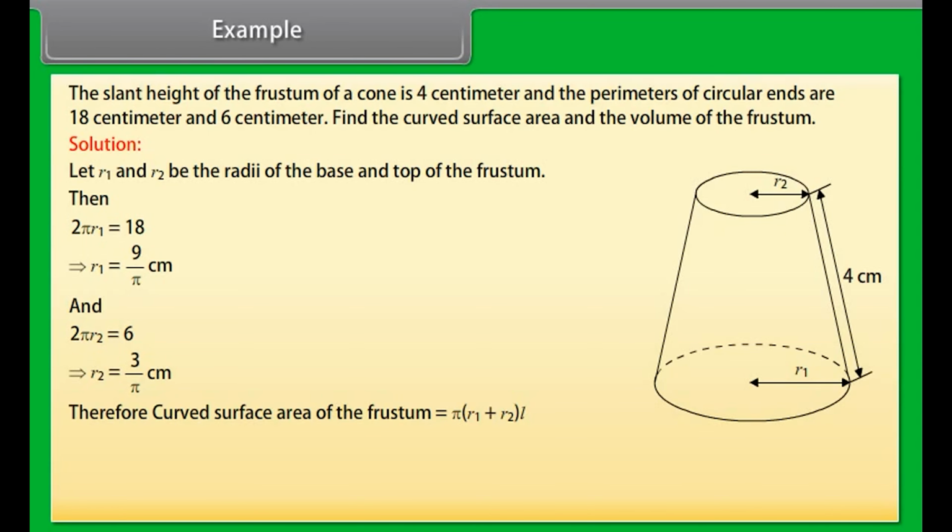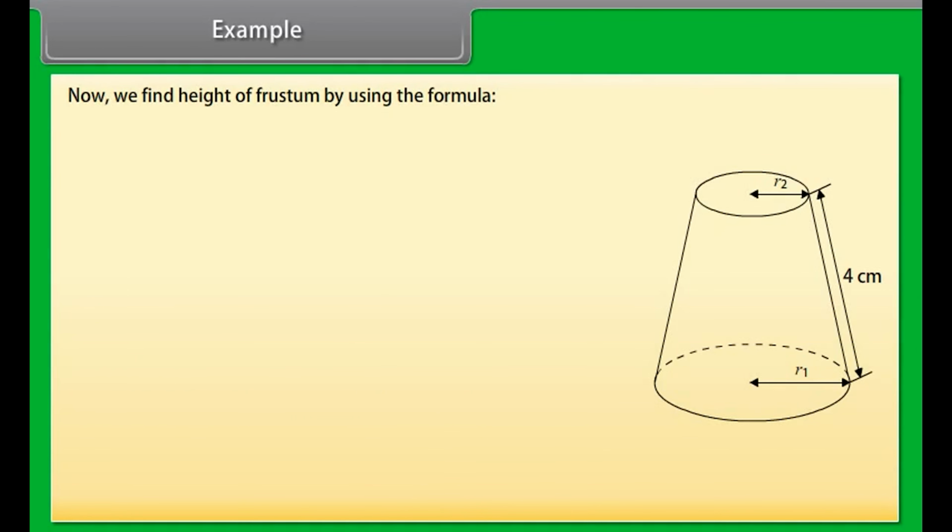Therefore, curved surface area of the frustum is equal to pi into R1 plus R2 into L, which equals pi into 4 into 9 upon pi plus 3 upon pi centimeter square, which equals 48 centimeters square. Now we find height of frustum by using the formula. L square is equal to h square plus R1 minus R2 square.